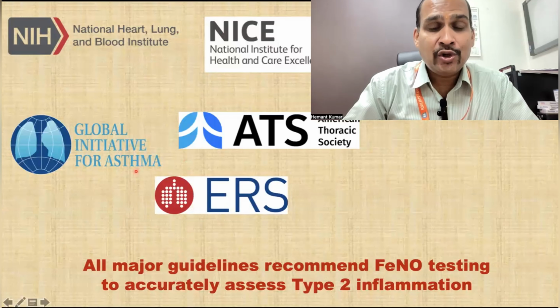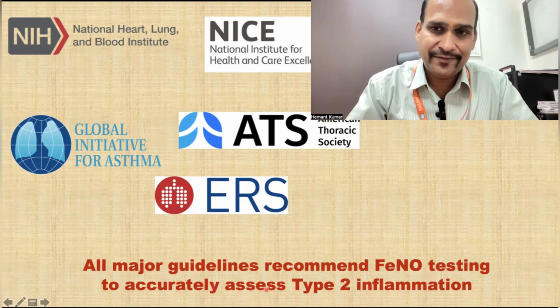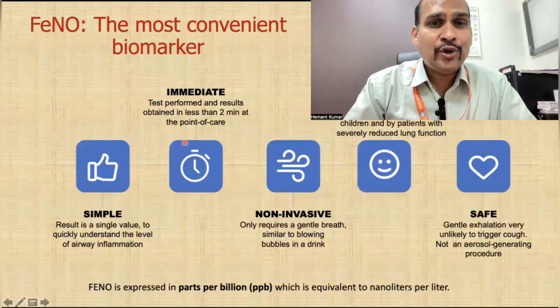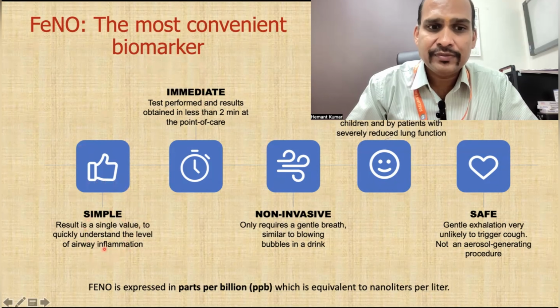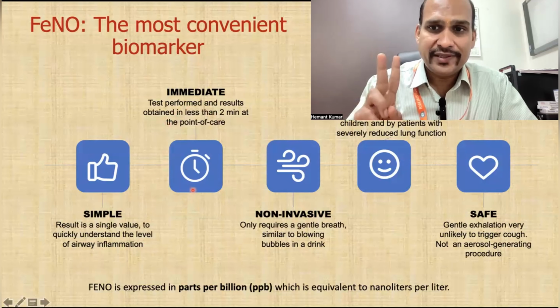But the majority of societies like ERS, ATS, and NICE all recommend the FeNO test to assess type 2 inflammation accurately. Why? Because this is the most convenient biomarker, which is simple to do. It gives an immediate result within 2 minutes.